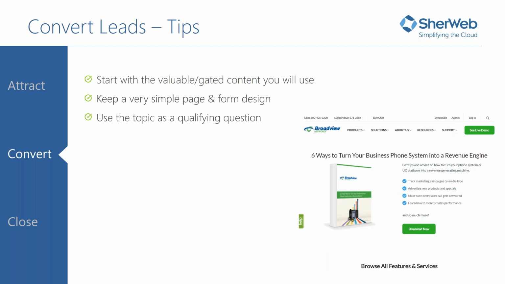The other thing that's important to keep in mind is to use the topic as a qualifying question. So see this MSP, Broadview Networks, they have a whole bunch of ebooks around phone systems and VoIP. So this one, 6 ways to turn your business phone system into a revenue engine.